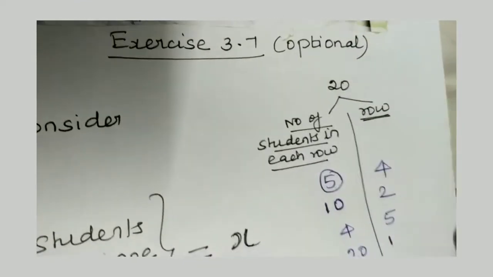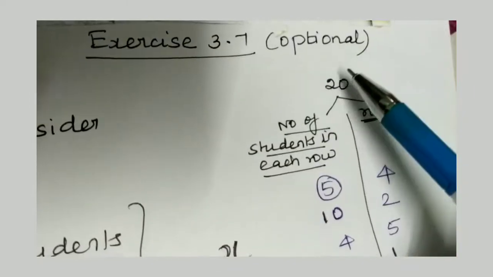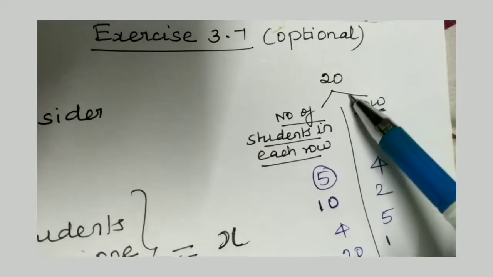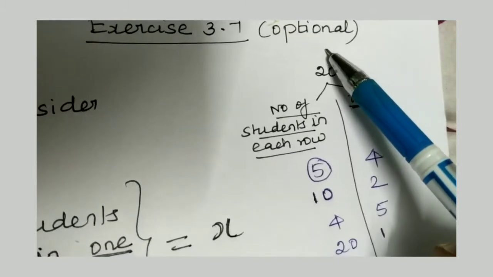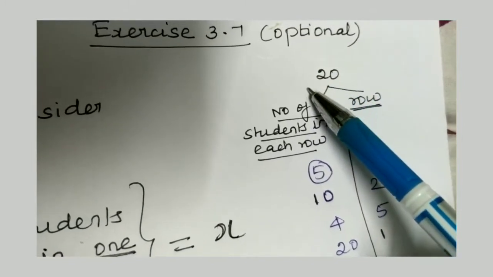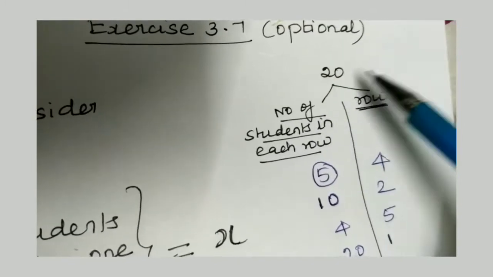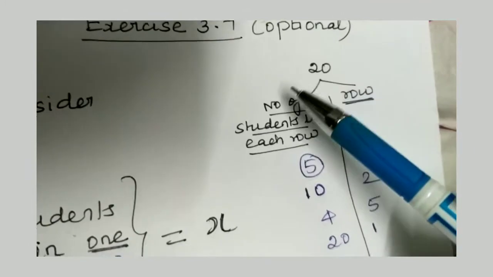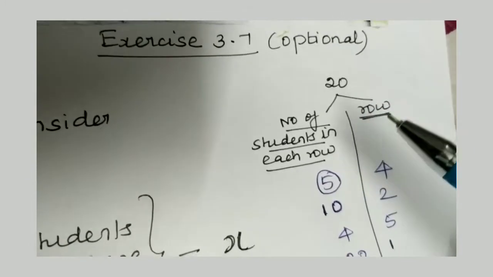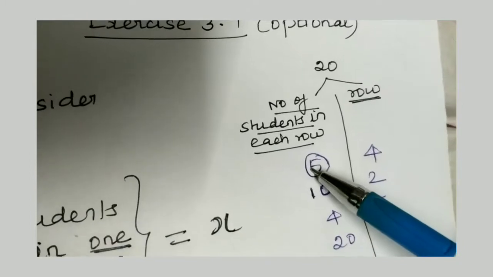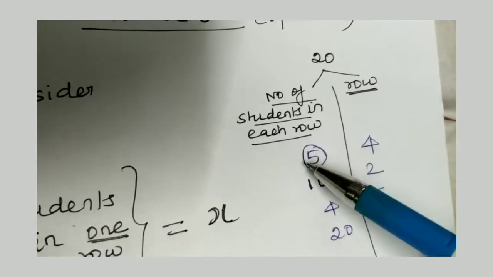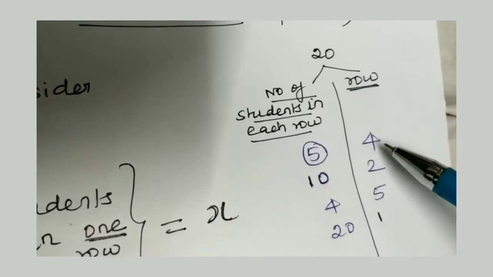Let us consider, for example, the total number of students in a class to be 20. How many students are there in a class? Totally there are 20 students. If the teacher asks them to form some rows and stand, suppose 5 students stand in one row, they will form 4 rows.